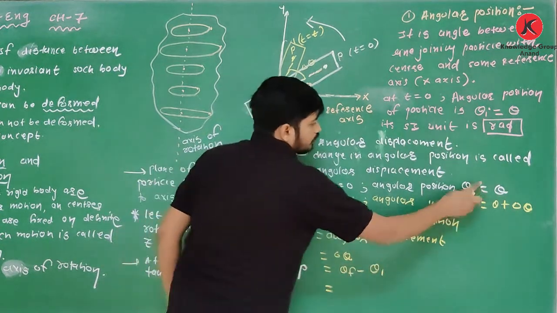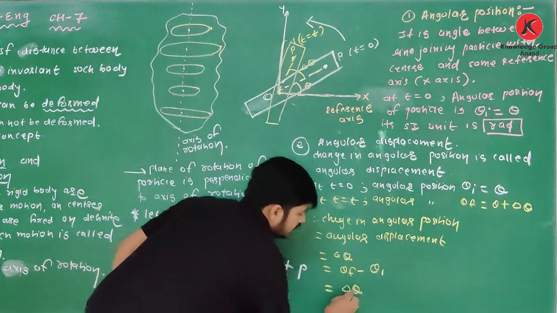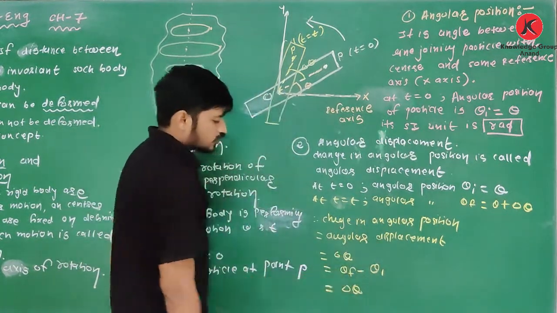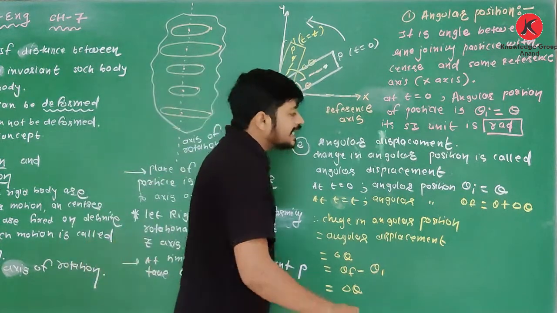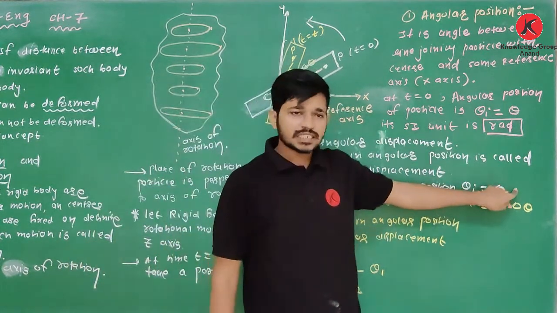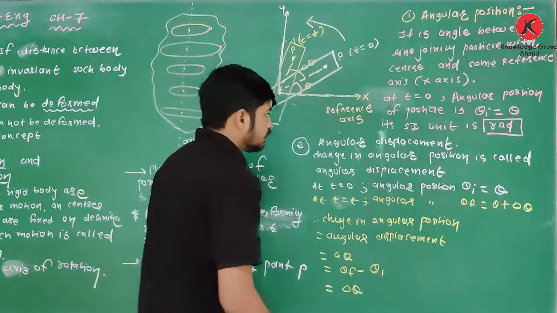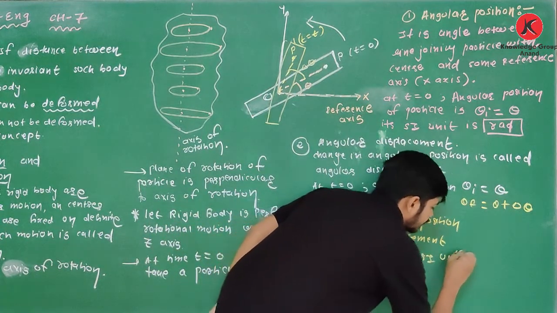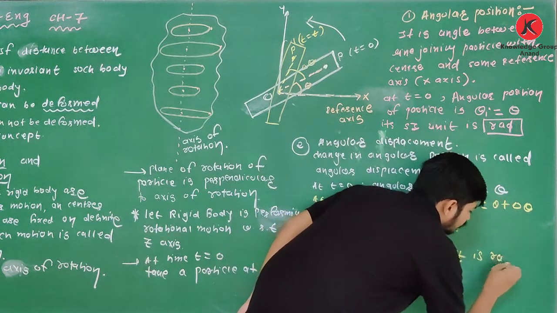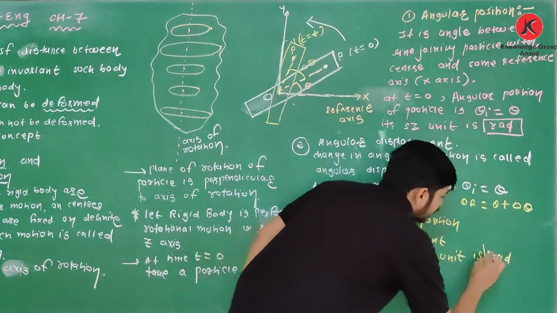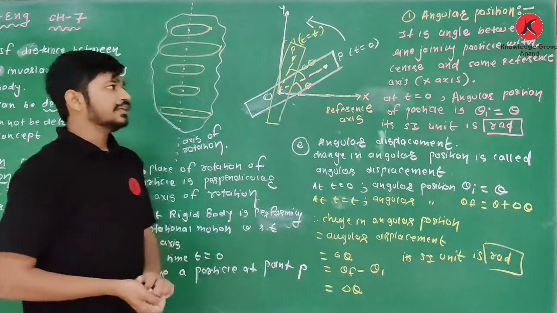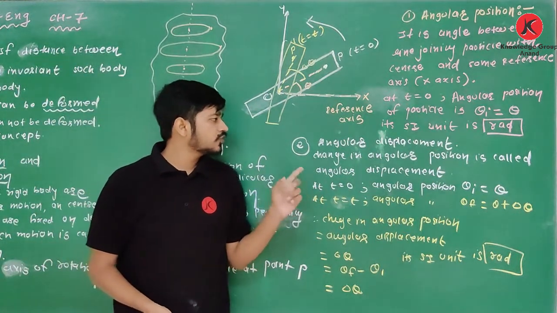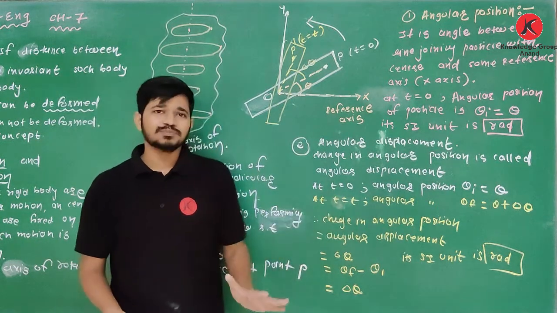If you subtract this, you will get delta theta. Simple? Angular displacement is this delta theta. And as theta's unit is radian, its unit is also radian. What is its SI unit? Its SI unit is also radian. Clear about this? So what is angular position? What is angular displacement? It is simple.